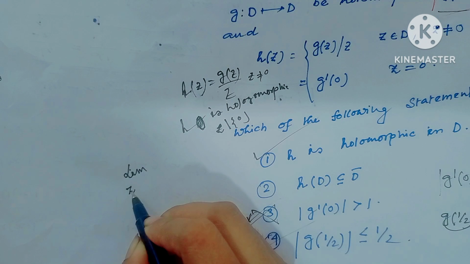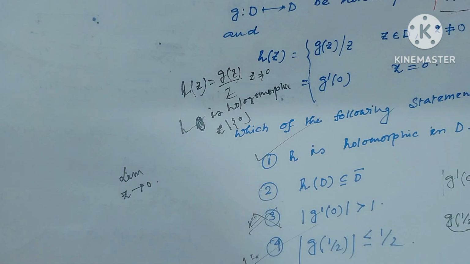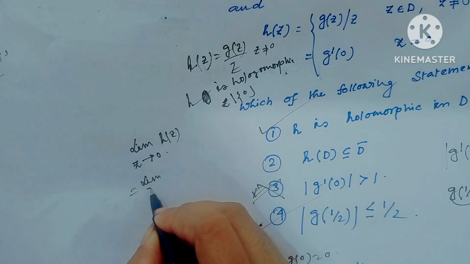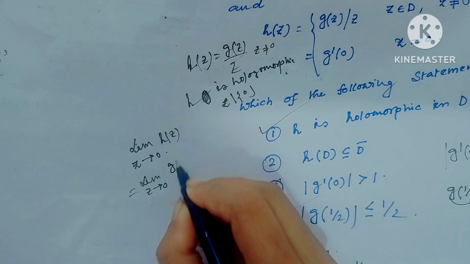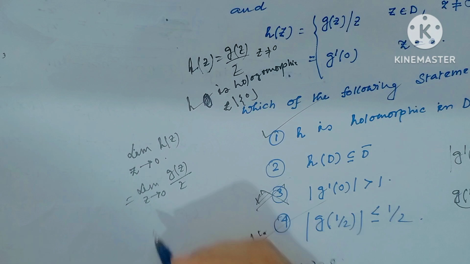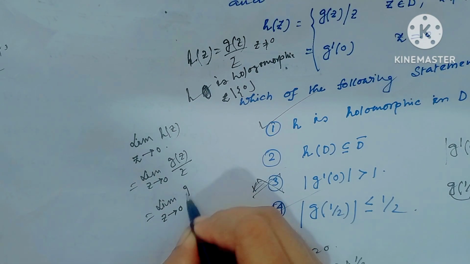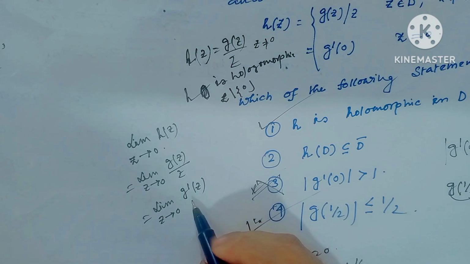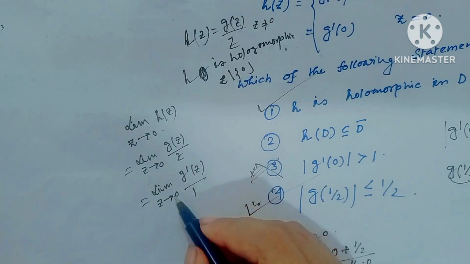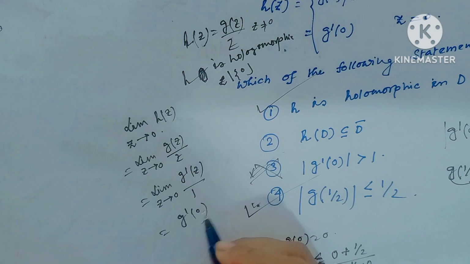That means we have to find the limit as z goes to 0 of h(z), which is equal to the limit as z goes to 0 of g(z) over z, and this is a 0 over 0 form, so we apply L'Hospital's rule. The limit as z goes to 0 of g prime z over 1, after putting in the limit, would be g prime 0.